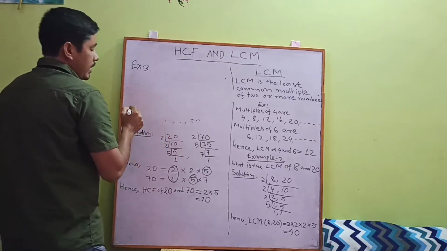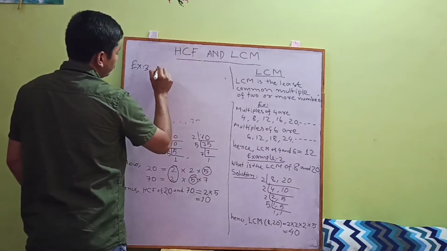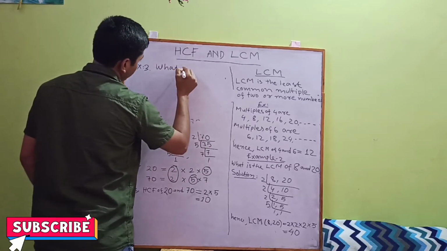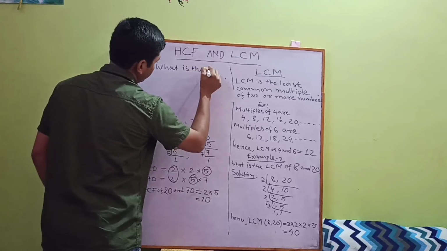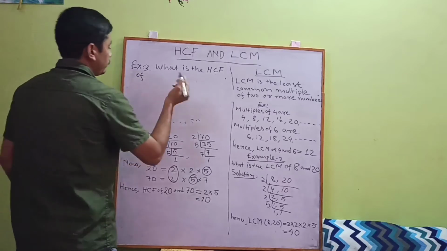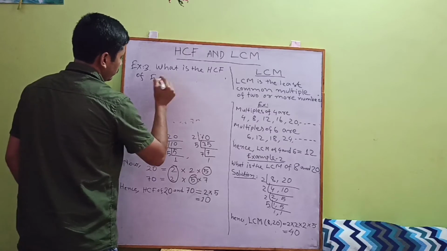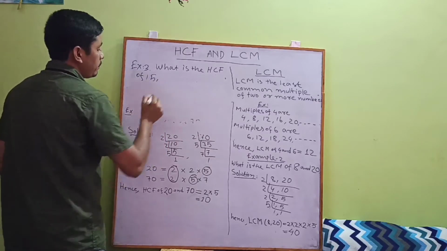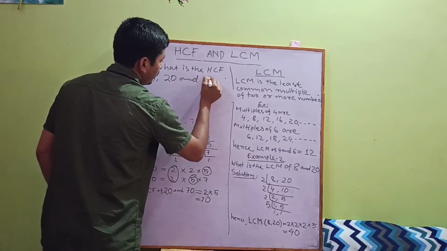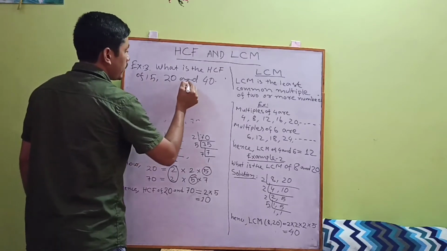Suppose we need to find the HCF of 15, 20 and 40.